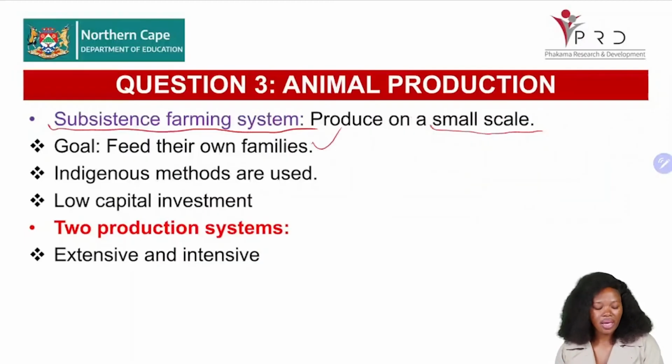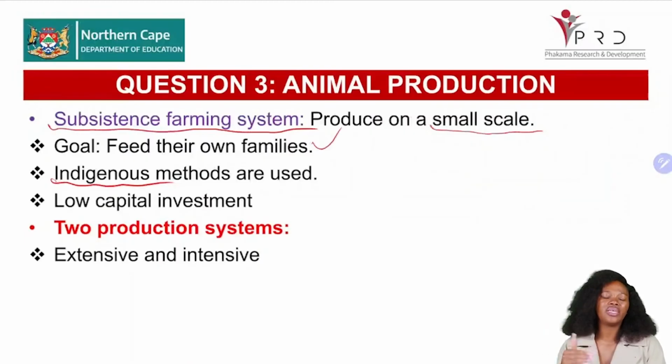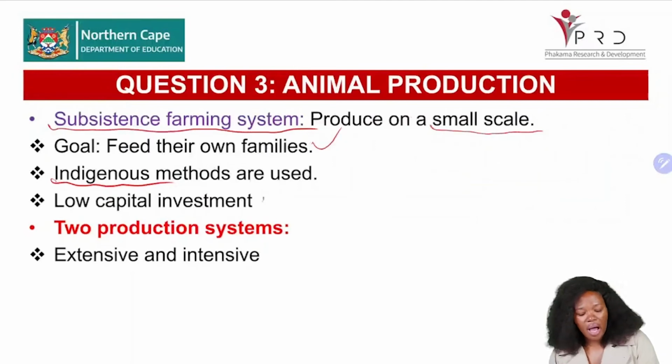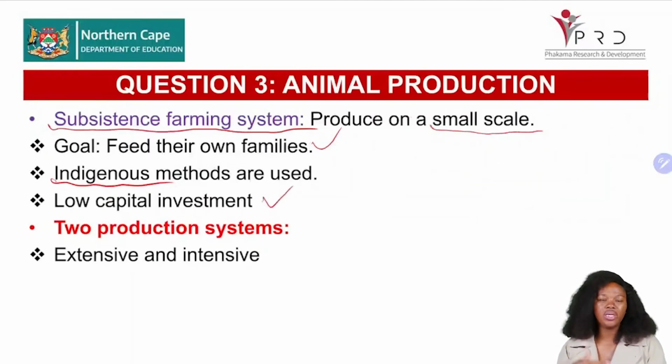Methods that are used are indigenous methods or traditional methods that we have inherited from our forefathers. There is a low capital investment, low input, while on a commercial farming system, there is a high capital investment.